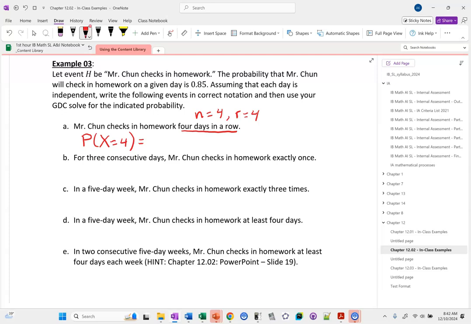So if we're talking about a binomial distribution, if everything is independent, if I want 4 things happening in a row, that just means the number of trials is 4 and the number of successes is 4. Does that make sense to you guys? So if I grind that through on my calculator, it's now PDF-able.